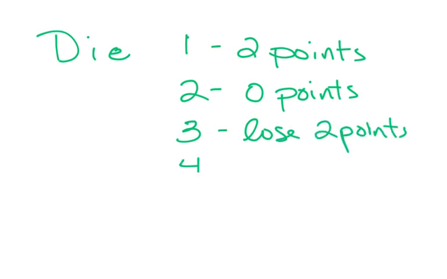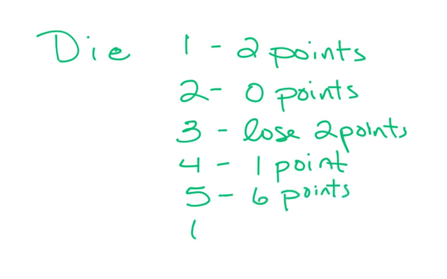If you roll a 4, you gain 1 point. A 5 gains you 6 points. But a 6, you lose 2 points. All right, so this is a kind of game that you would have.